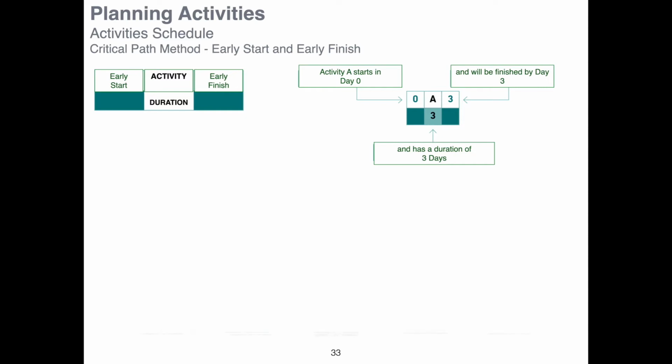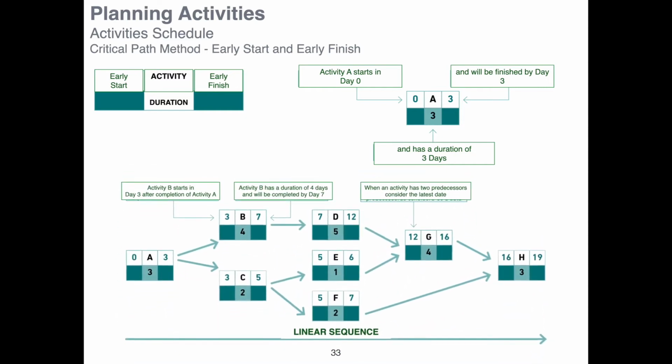You apply the exact same calculations for all your activities according to their dependencies. And you have what we call the linear sequence. So you see here that activity A will be completed on day 3. So it means that activity B can actually start on day 3 because it depends on activity A. Activity C, the same thing. They both depend on activity A. They can start on day 3 of the project implementation.